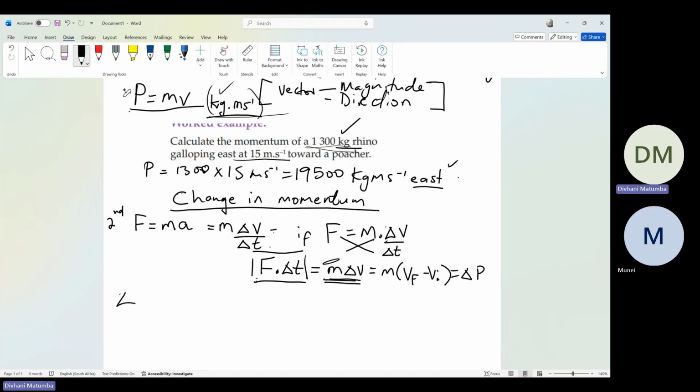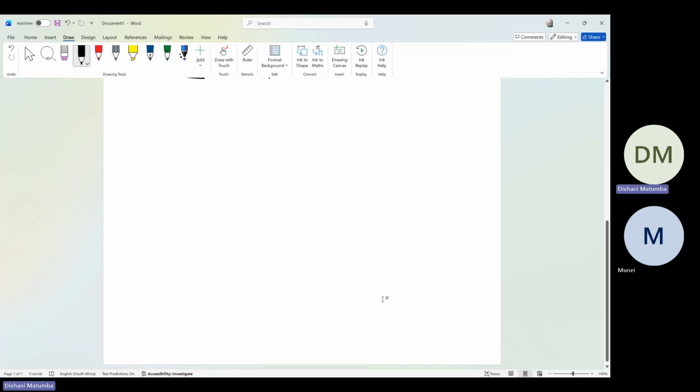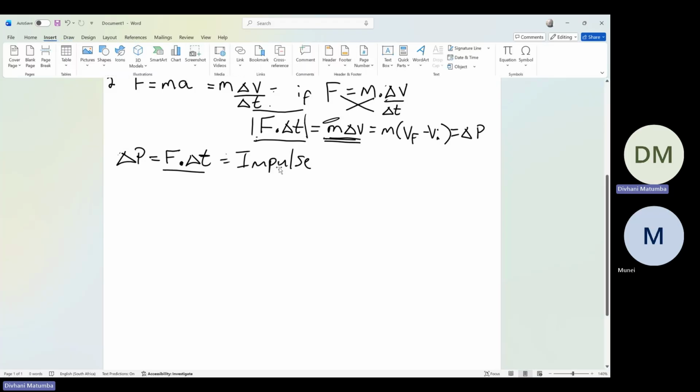So the change in momentum equals force applied times time. And we call this the impulse. Okay, so if they ask you in your exam what is an impulse? Impulse is the change in momentum.